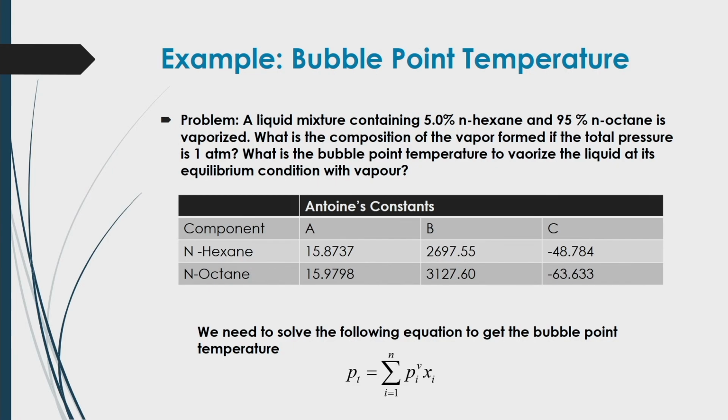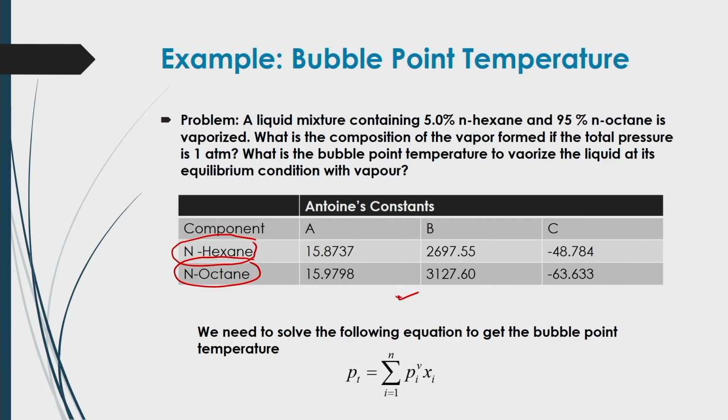So, you have to keep it as a certain temperature, denoted by T, and at that temperature find the vapor pressure by Antoine's equation. To calculate it, you need Antoine's constants. They are given here for normal hexane, and for normal octane also, in this table as shown in the slide.